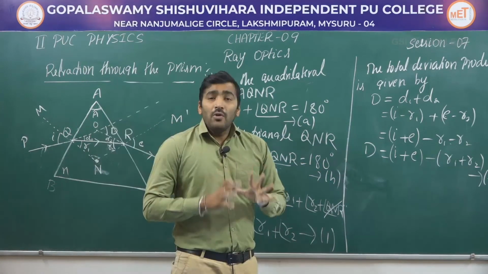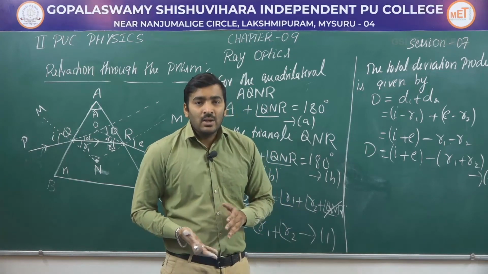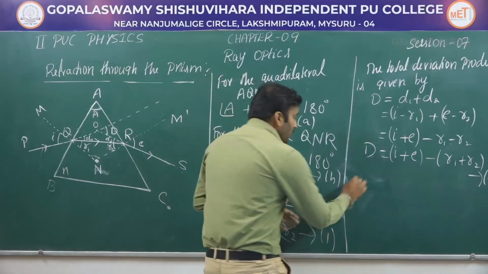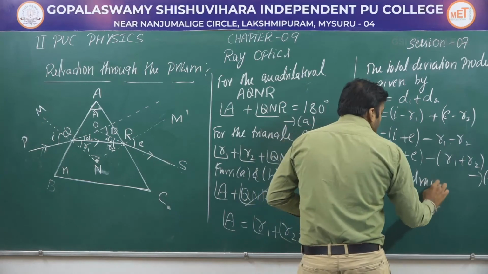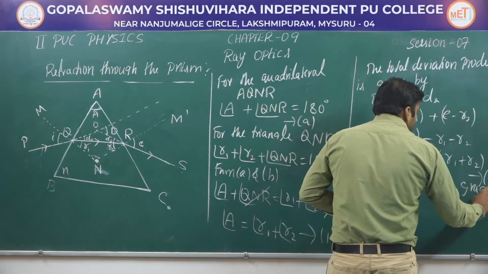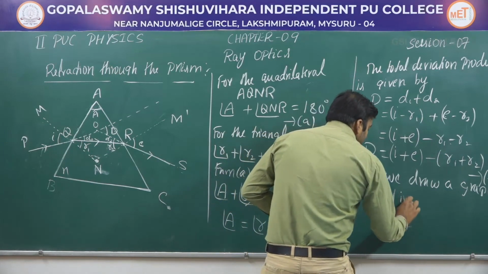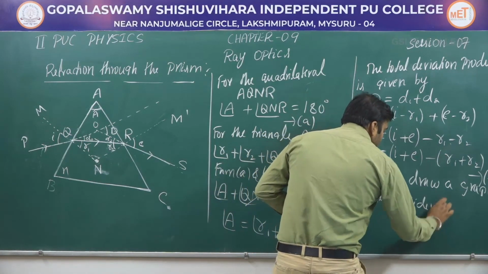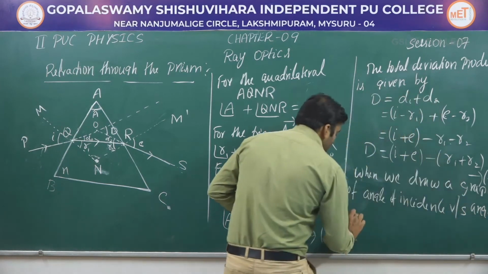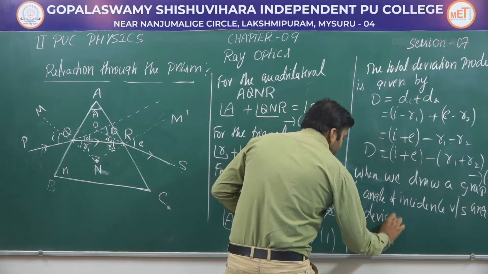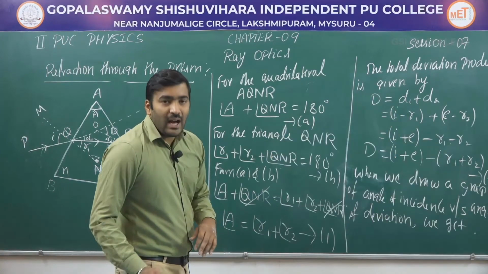Which is nothing but an expression for the deviation D. Now if I draw a graph of the angle of deviation versus angle of incidence, how does the graph look like? When we draw a graph of angle of incidence versus angle of deviation, how does the graph look like?